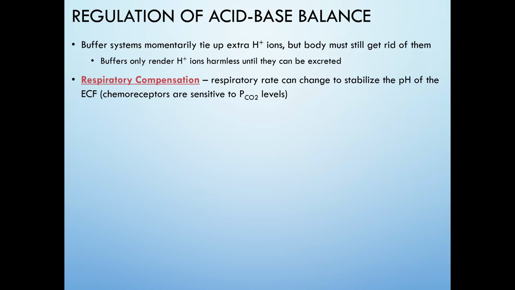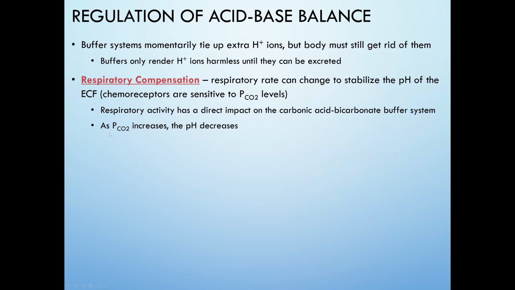So there are 2 primary ways that the body gets rid of extra hydrogen ions, and that is through the respiratory system and the urinary system. So in respiratory compensation, the respiratory rate can change to stabilize the pH of the ECF, and chemoreceptors in the ECF are sensitive to changes in carbon dioxide levels. So respiratory activity, therefore, can have a direct impact on the carbonic acid bicarbonate buffer system.